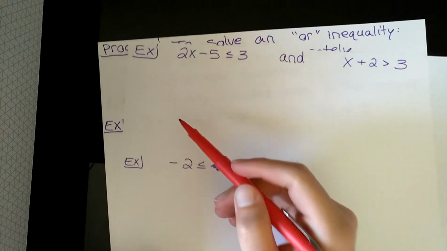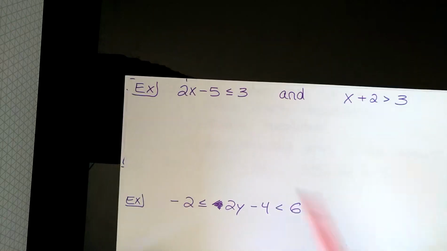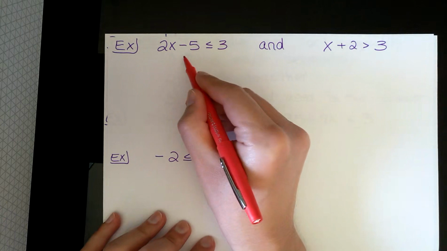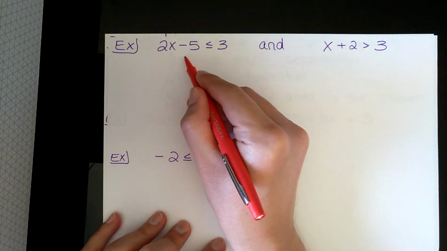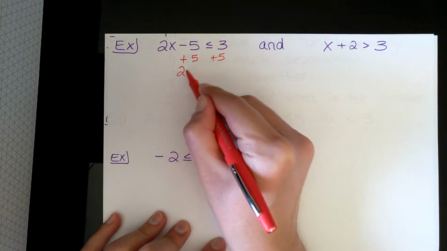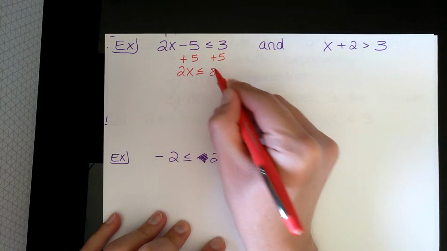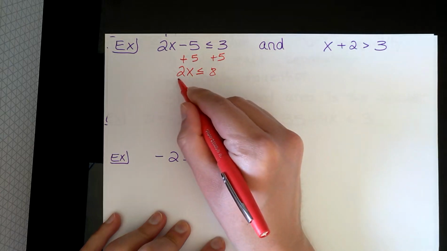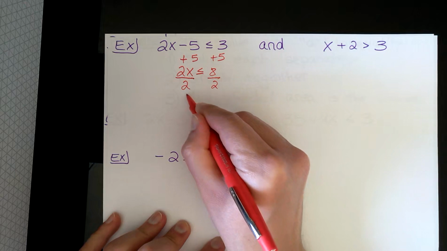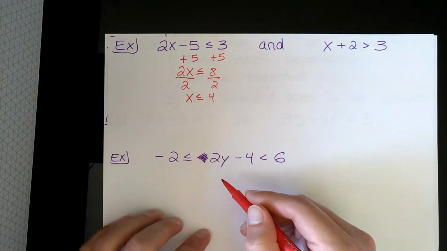Okay, so let's try this together. So, the first thing that we should do here is add 5 to each side, which gives us 2x is less than or equal to 8. And then we'll divide each side by 2 to get x is less than or equal to 4.